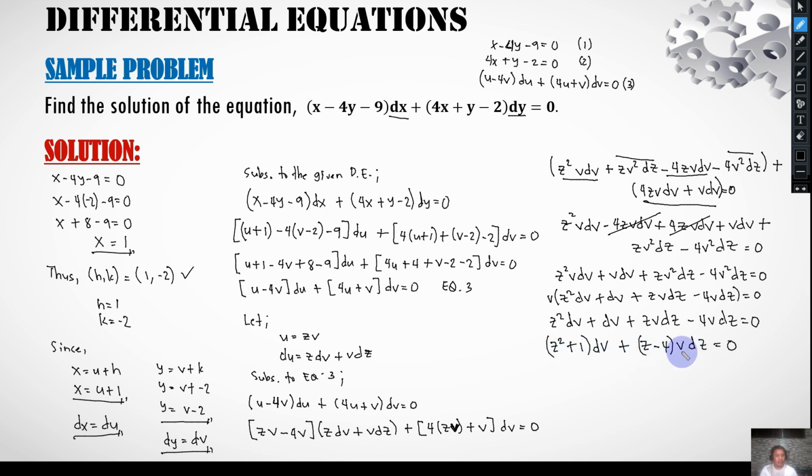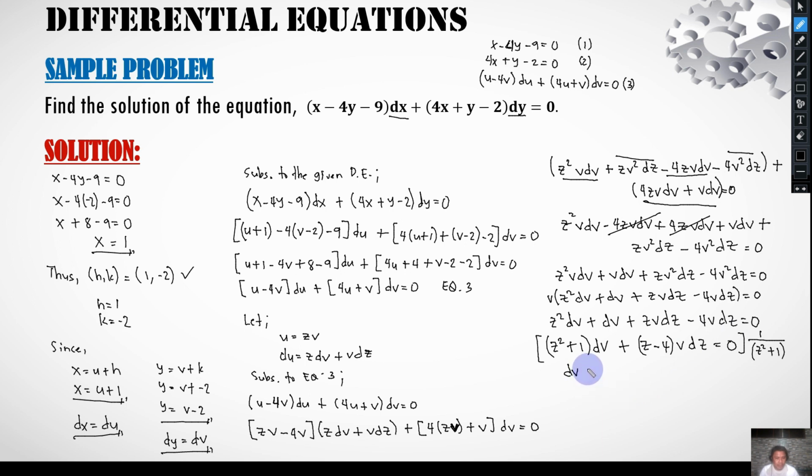Ang mangyayari dyan is we are going to multiply this one with 1 over z squared plus 1. Okay? So, we distribute its term, so ang matitira dito is magiging dv na lang, magka-cancel siya.